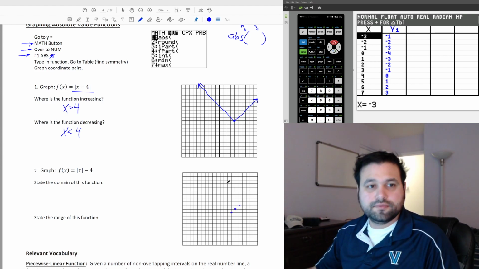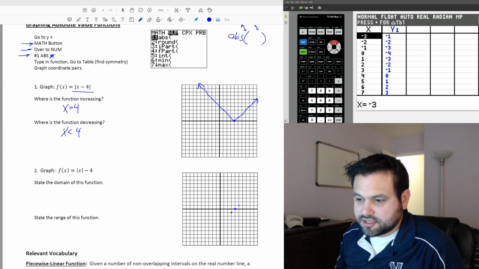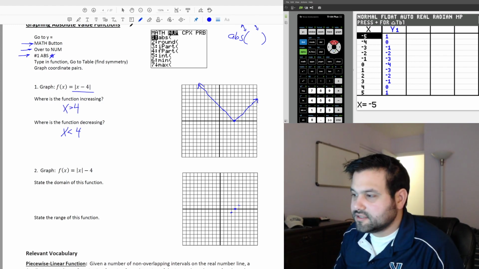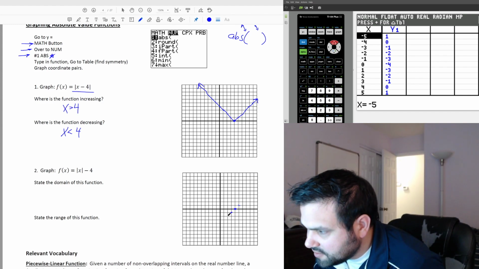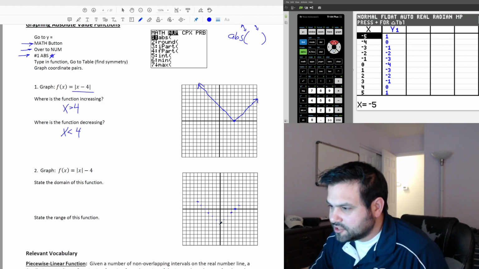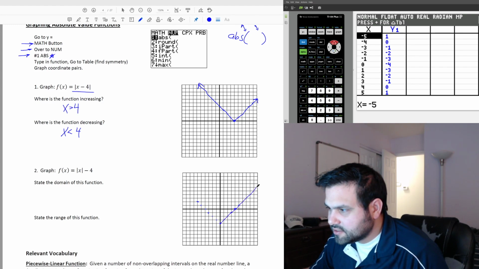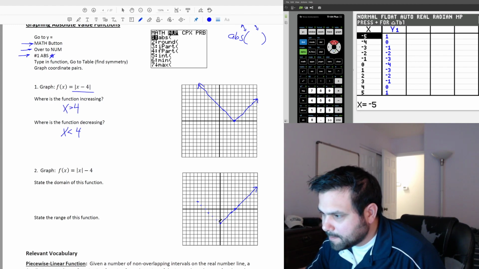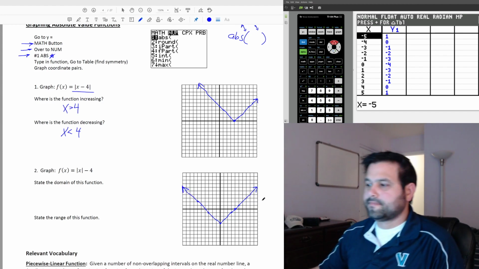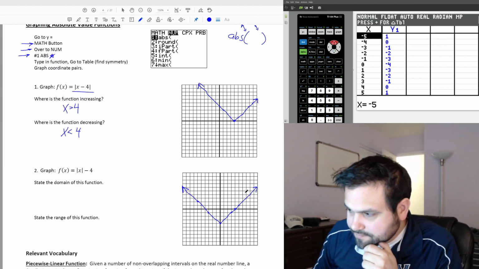And in fact, if I continue plotting all these points that I see, and I can continue scrolling up and down, I'm going to start plotting these points, and I'm going to get something that looks like this. And then I'll just go ahead and try and create these lines. And I get this as my function.